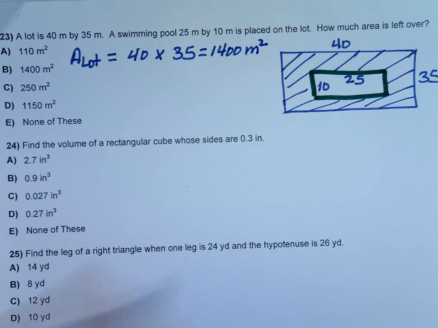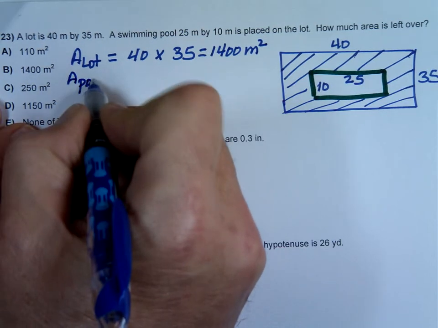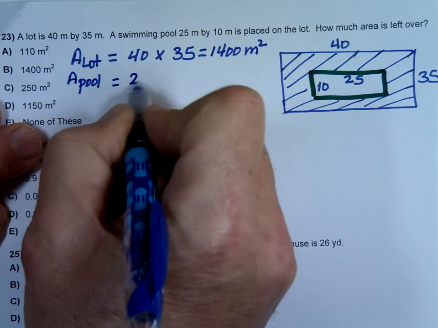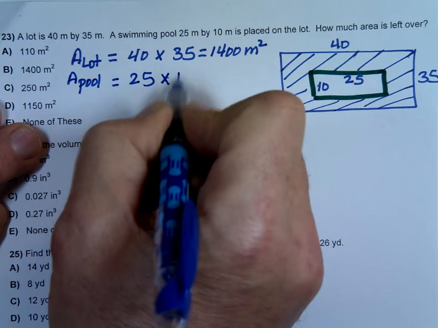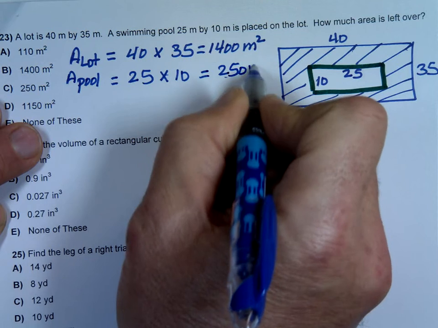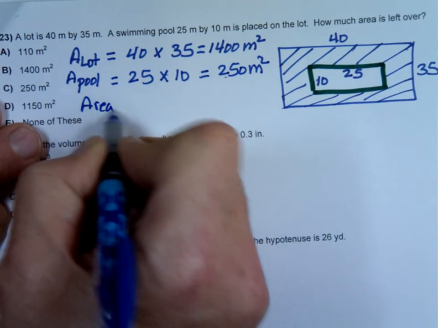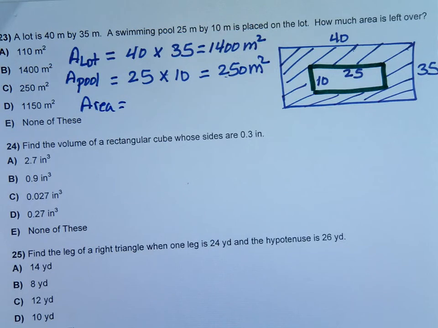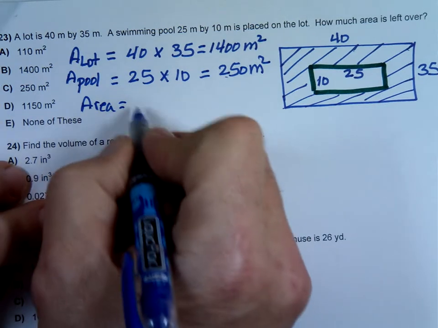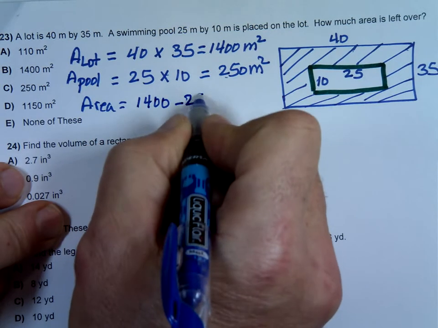What's the area of the pool? 25 times 10, rectangular shape. That's what? 250 square meters. So what is left? Is going to be what? The 1,400 minus the 250, which is 1,150.